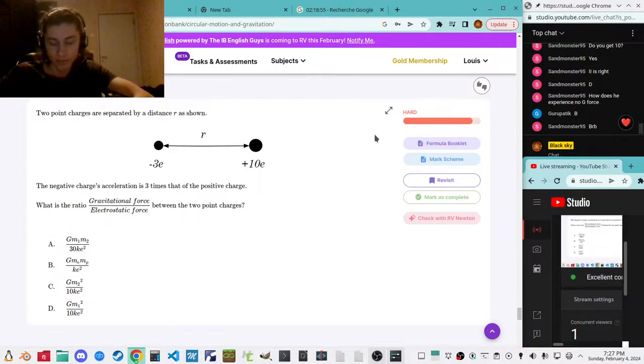And the other, g, let's just write it down, it's GMm, M1. Two point... oh, they're two point charges. So they have no mass if they're point charges. So how can there be any gravitational attraction?